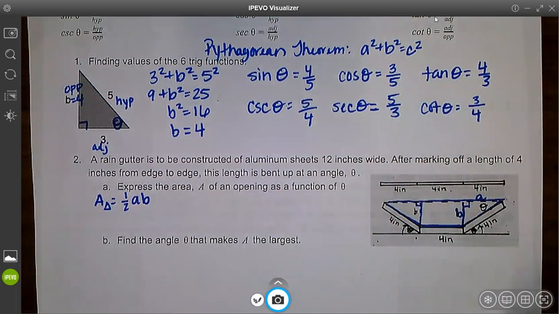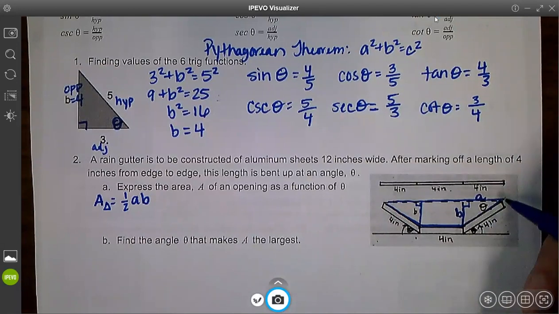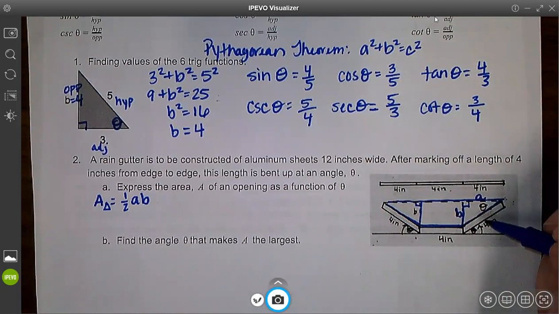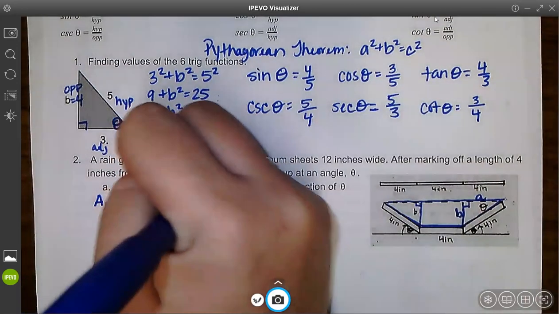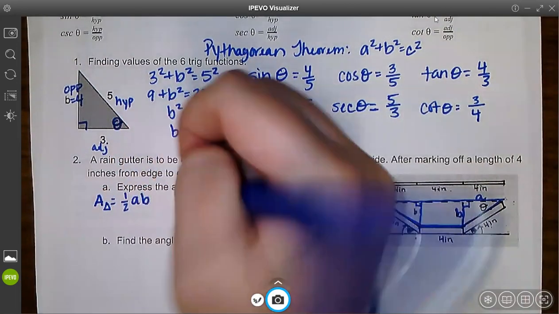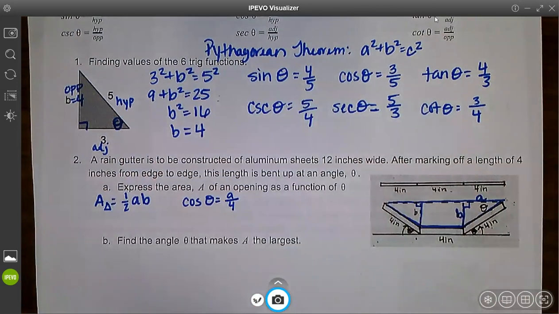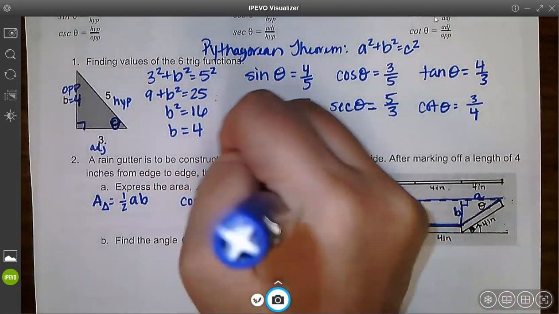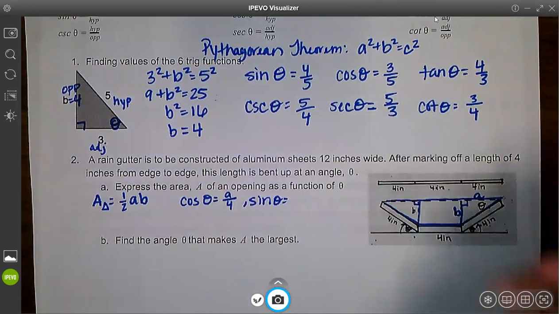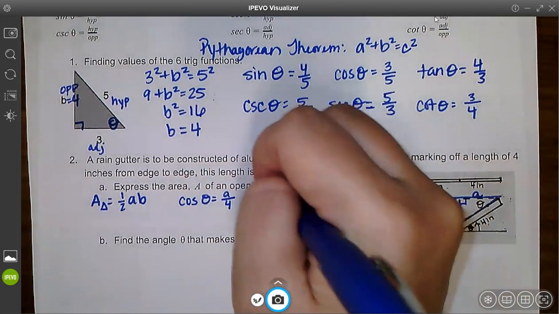We know that because the hypotenuse here is 4, the cosine of this angle theta, adjacent over hypotenuse, is a over 4. So the cosine of theta is a over 4. And we know that the sine of theta is opposite over hypotenuse, so that would be b over 4.